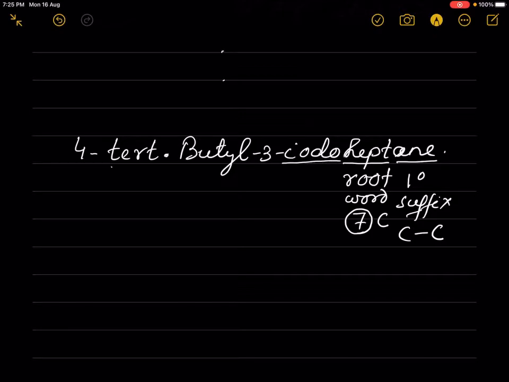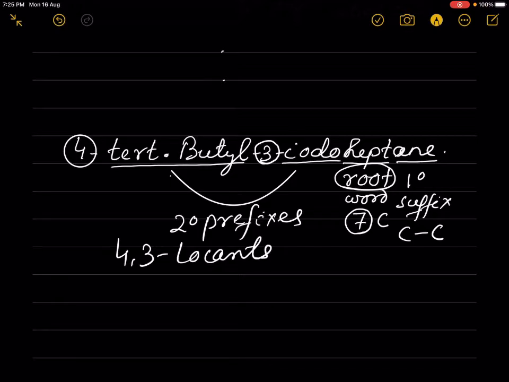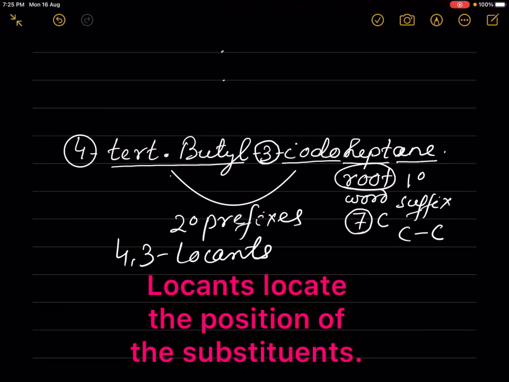Iodo and tert-butyl are secondary prefixes written before the root word. 4 and 3 are locants. Locants means locates the position of the substituent.